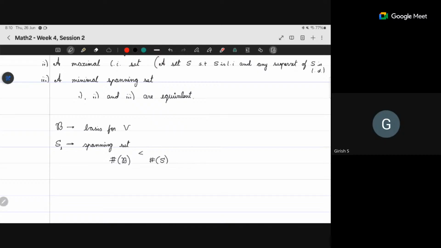Is it less than or equal to, or greater than or equal to? It has to be one of the two. What do you think it is? If it is less than or equal to, can you justify why? Because a basis is a minimal spanning set, right? Yes. So it is actually less than or equal to.